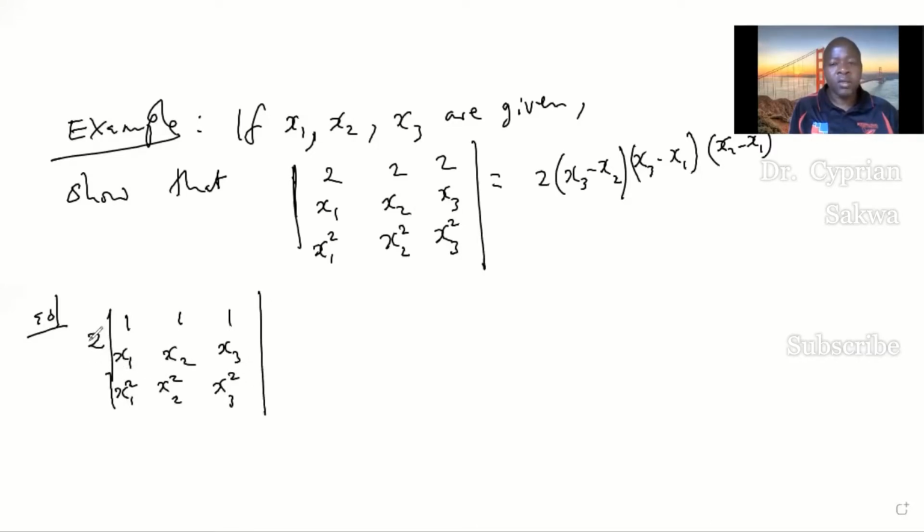So I factored these 2 out because I know that if I take a constant multiplied by a row, the determinant of the new matrix will be the old determinant times 2.